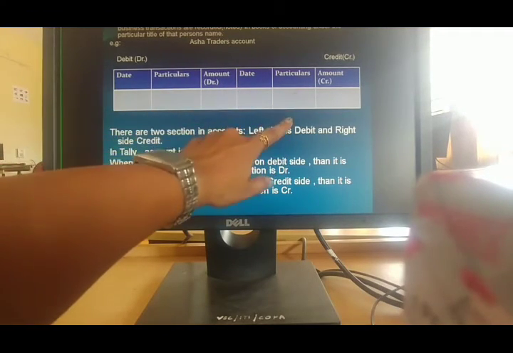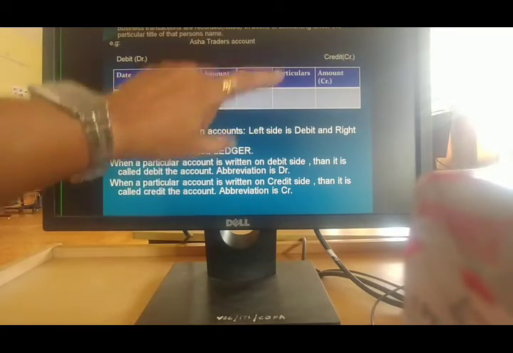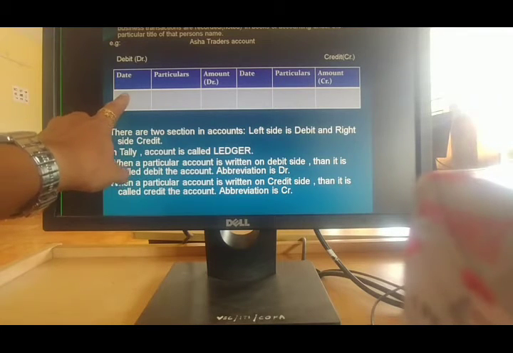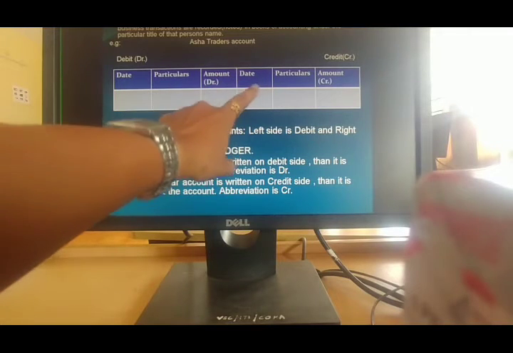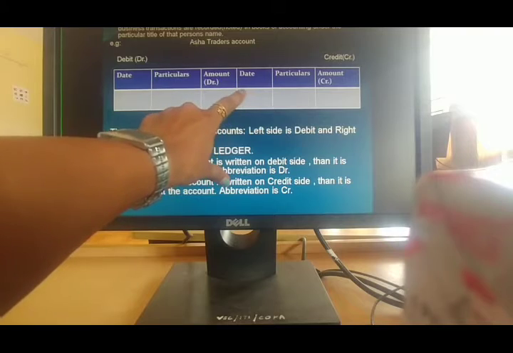All the account names will be written, and the date on which that transaction happened will come over here. The debit date will come here, and credit dates will come on the right hand side.